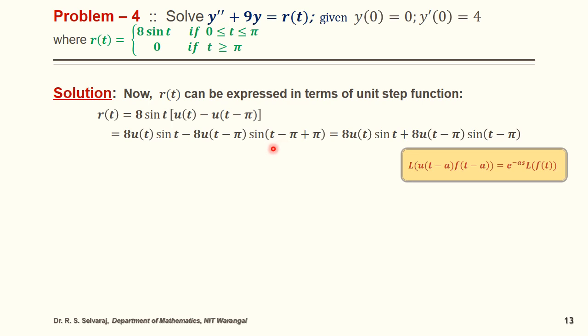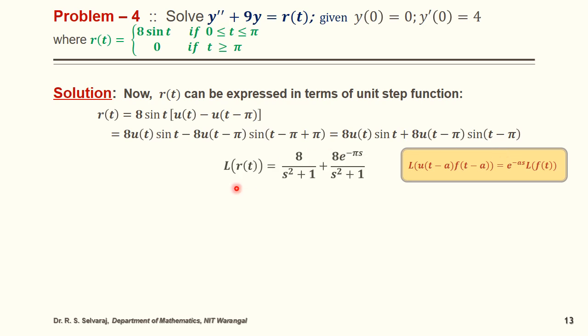So in order to make the second function sin t a function of t minus pi, we have subtracted pi and then we have added pi. So now the first term is 8 times u of t sin t, which is a function of t, and the second term is 8 times u of t minus pi into sin of t minus pi, which is a function of t minus pi.